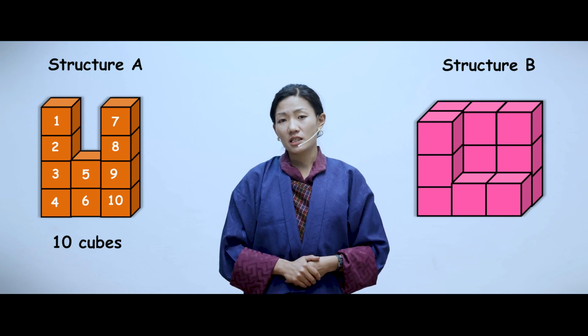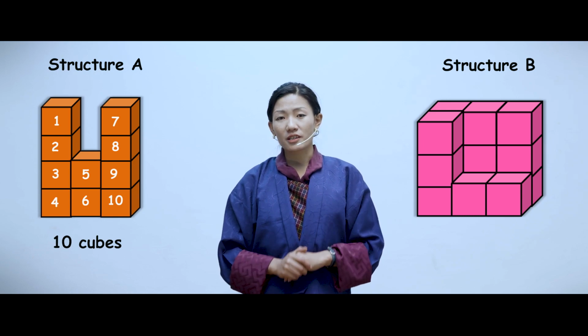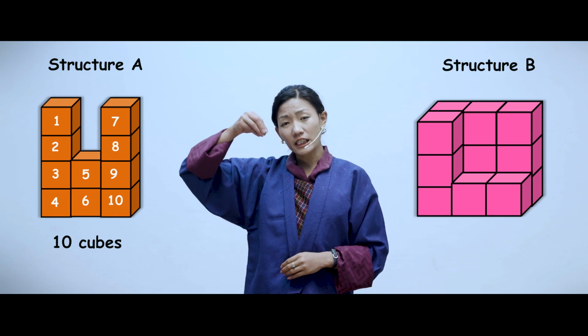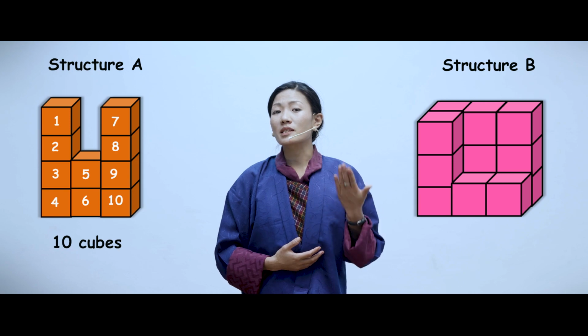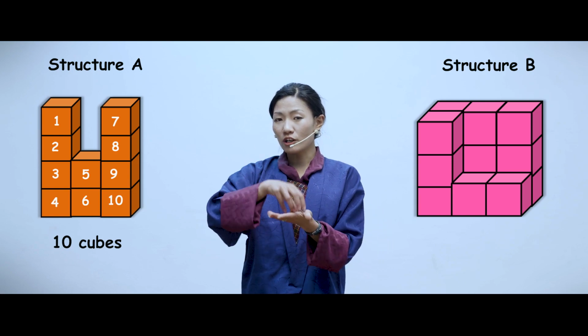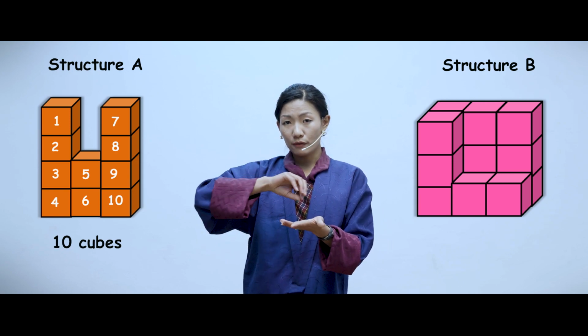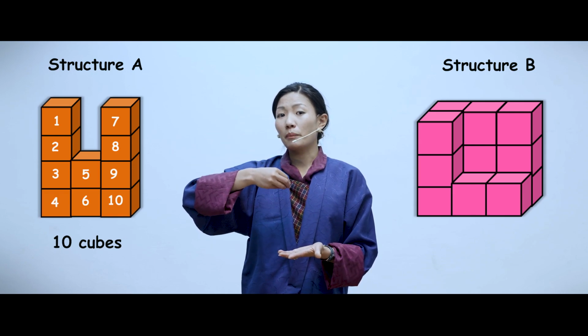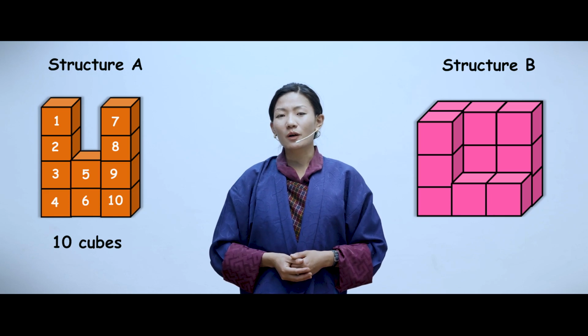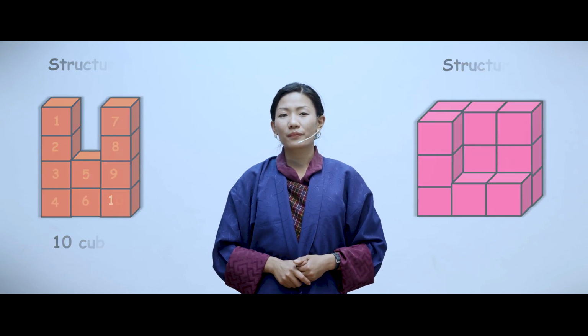And that is the thing about isometric drawings. You cannot tell if there are hidden objects behind a cube. But to help us see and understand the structure from every view, and to understand if there are any structures hidden at the back, we use something called orthographic drawing.